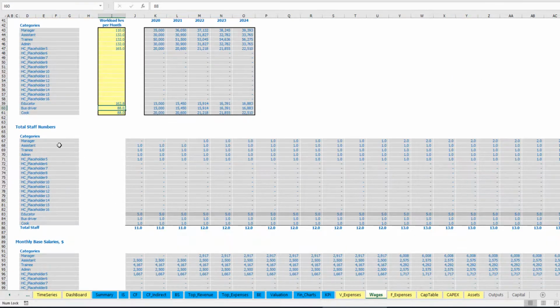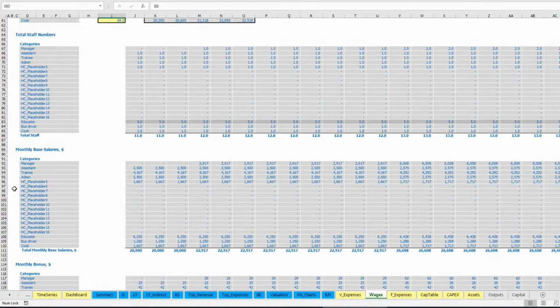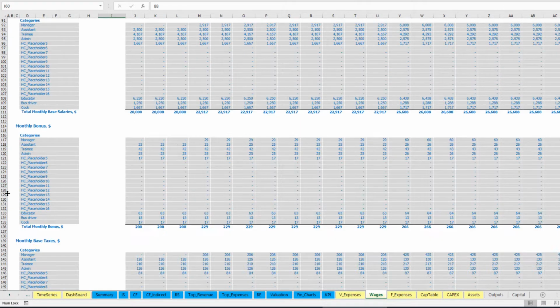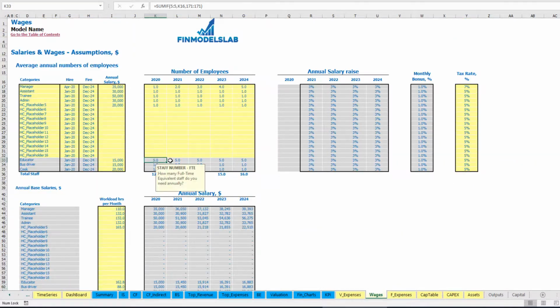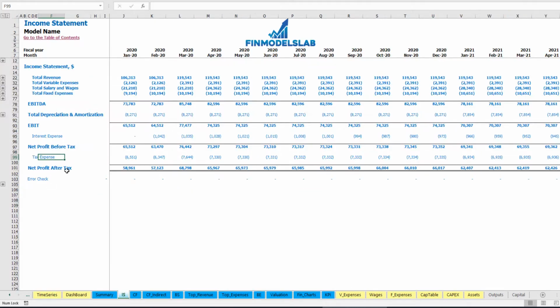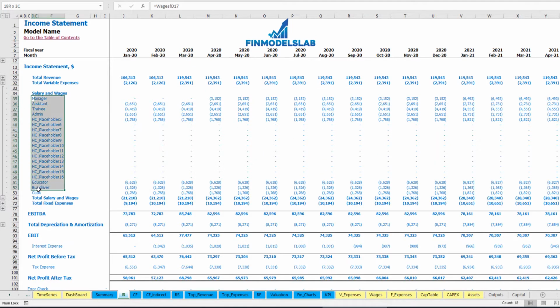All the calculation of staffing numbers, monthly base salaries, monthly bonus, tax rate, calculation of FTEs for these 3 categories you may see below. And separately on the income statement tab you have total salaries and wages category, where you can see all your staff positions with the salaries, payroll tax and bonus broken down by months.